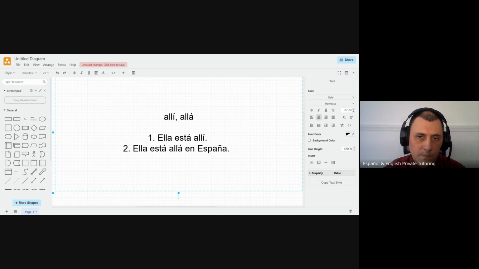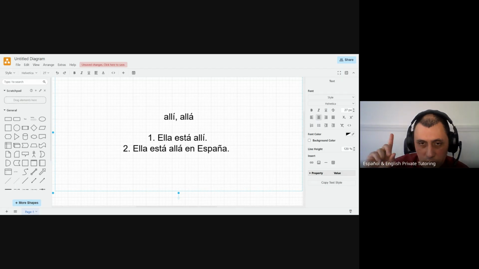On the first one, what I'm saying is she's there. On the second, what I'm saying is she's there in Spain. Now, the difference between allí and allá, which you don't have in English, is that allí is only used for things that are far from the speaker, but not so far that the speaker can see or point out to. So if I say allí, it's like saying in English, she's over there.